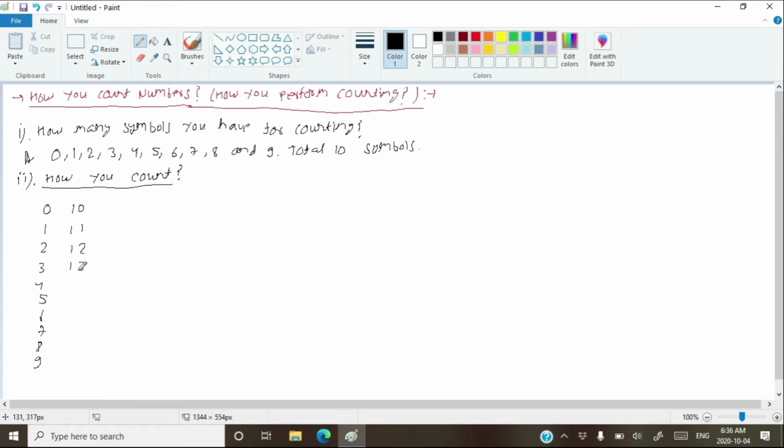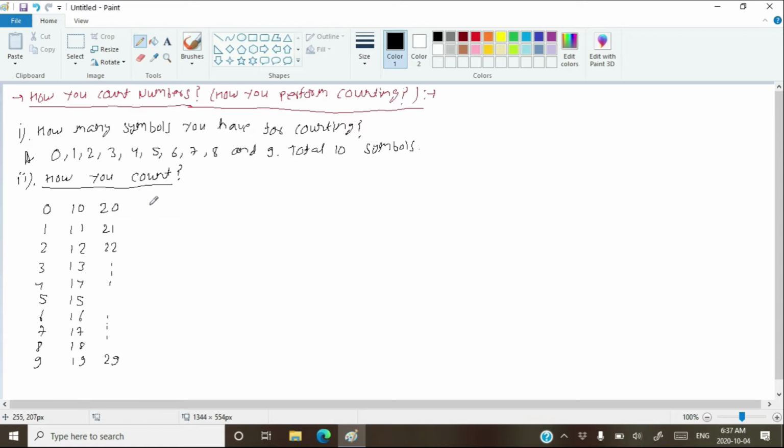That means you rewrite all the numbers, but these numbers are followed by 1: 15, 16, 17, 18 and 19. When you finish writing all the numbers followed by 1, you write the same numbers followed by 2 this time: 20, 21, 22, and this is how you go up to 29.